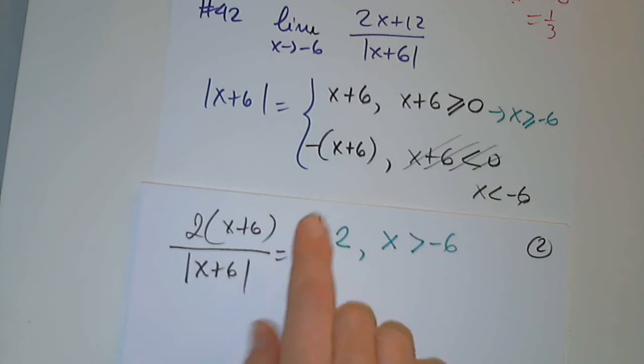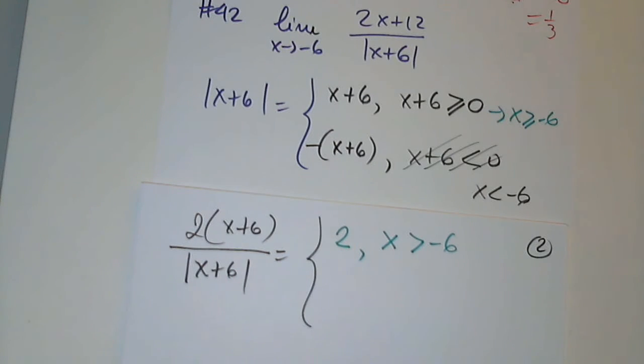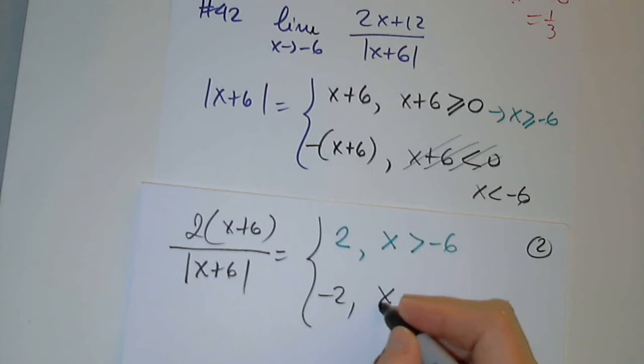When this gets replaced by that, what do we get? What is left? -2. Thank you very much, for x less than -6. So now we completely simplify the function. There is no more absolute value in it, so it's completely algebraic now, super simplified.